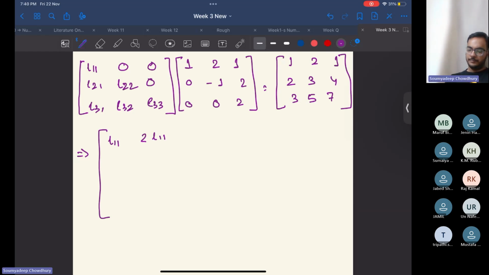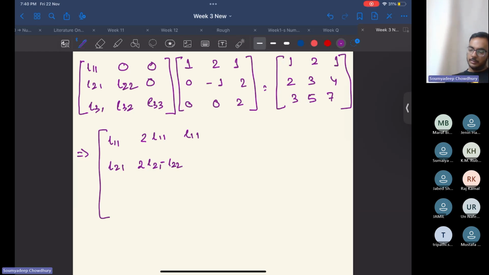The next element? Here it will be L21, right? Then the second row, second element, can you tell what it will be? It's 2L21 minus L22, right?